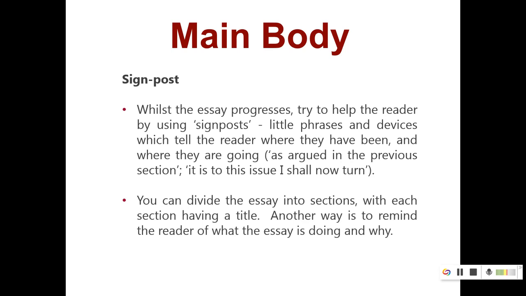By dividing your essay into various subsections, each of which has a specific title, you will be better able to impose a more clear and coherent structure on the essay. You will also be reminding the reader what the subsection is about, where you're going, but you will also be helping yourself to make sure that you're sticking exactly to what the title says.